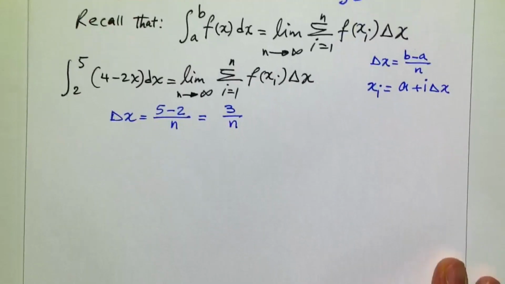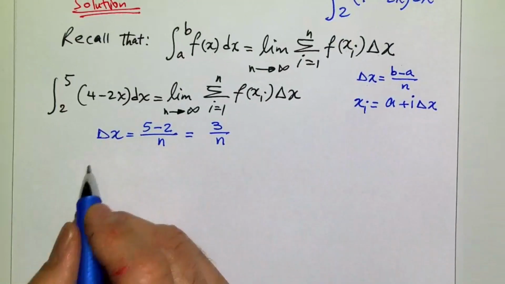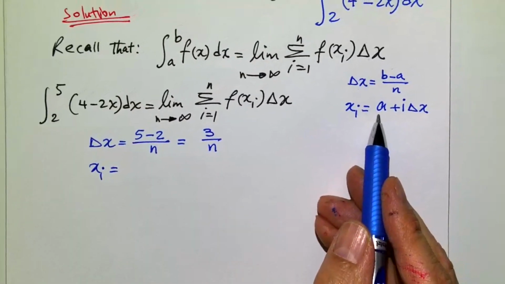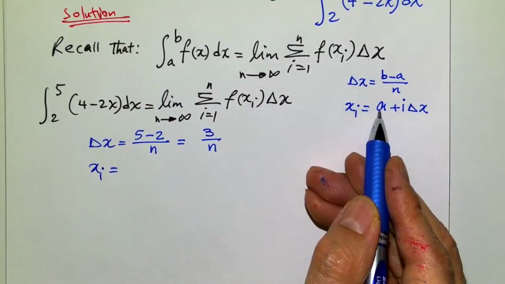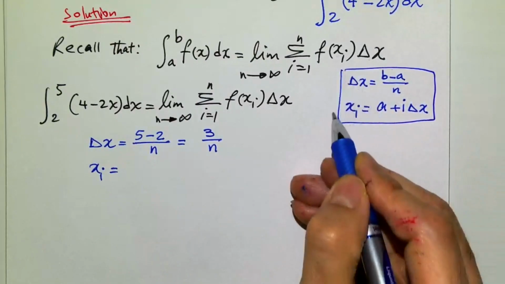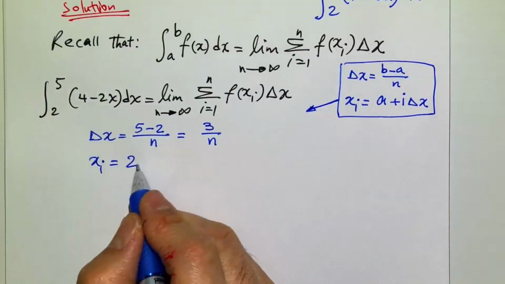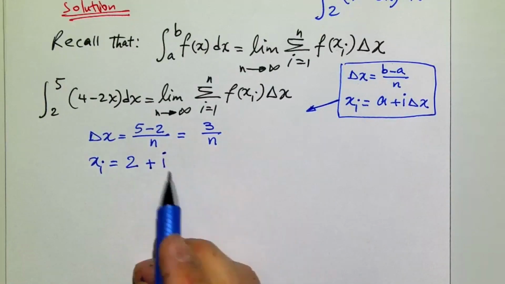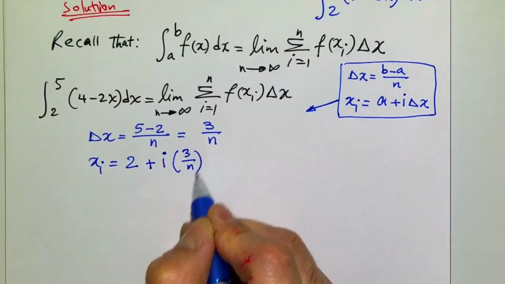So we have the delta x, and now xi is equal to the lower limit of the integral, which in our case is 2, which is a, right? Let me box these. So we're using them here. So 2 plus i times delta x, which is 3 over n.